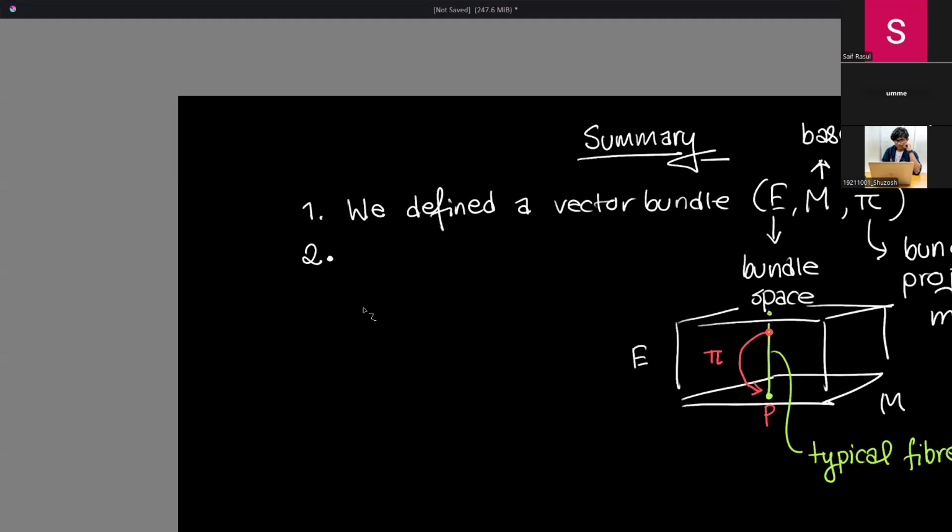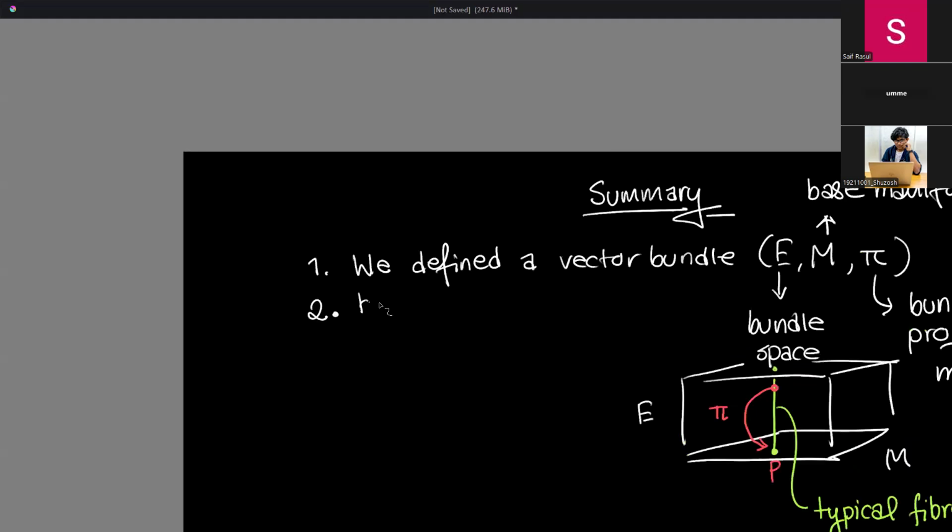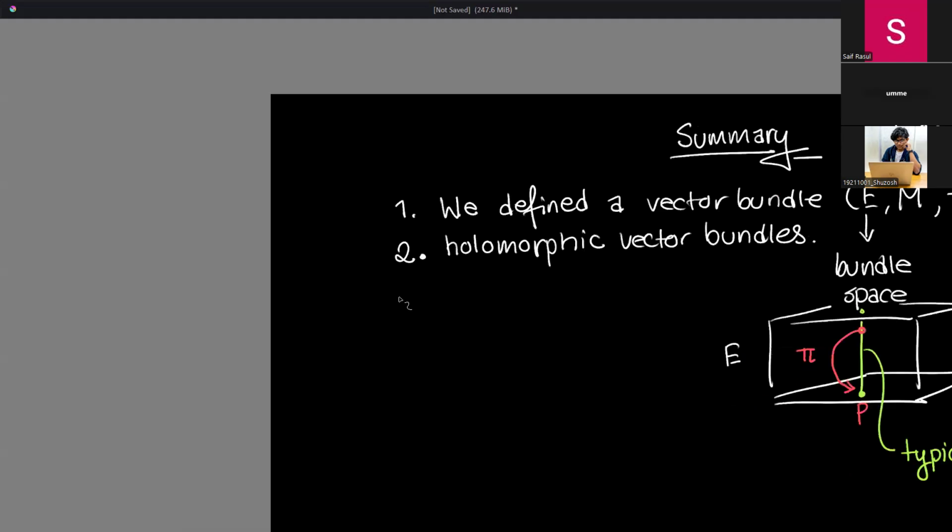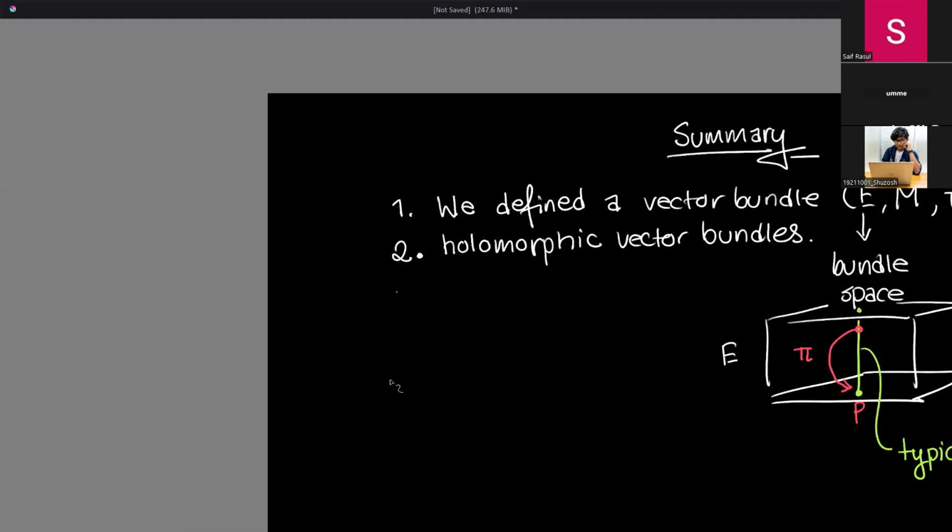Number two, we defined holomorphic vector bundles. Then we defined sections, global sections, which ended up giving us the mathematically rigorous idea of what a vector field is.